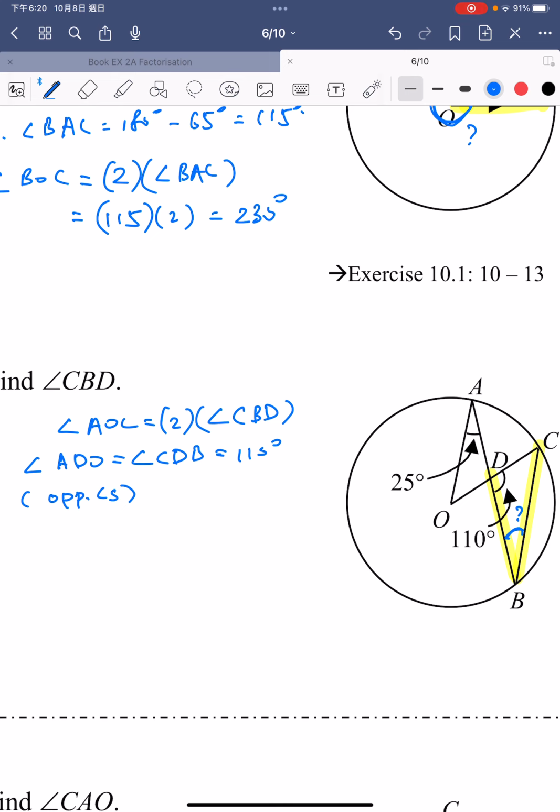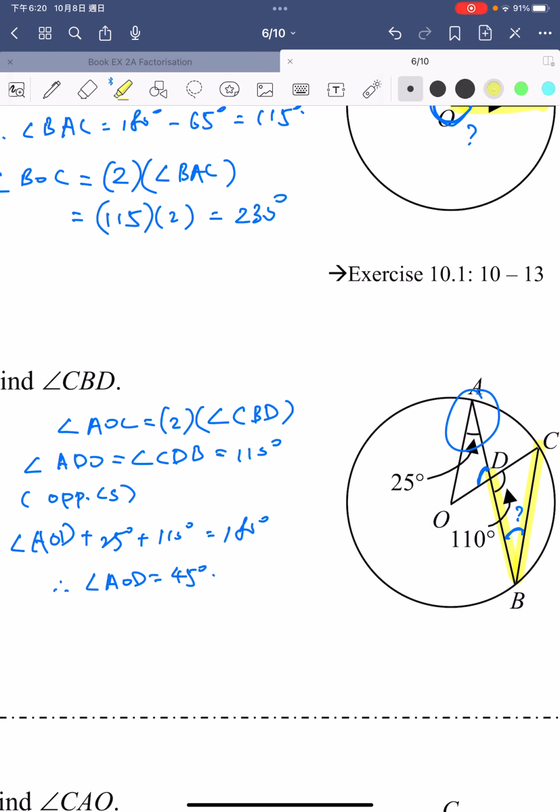So now we have this angle, which is 110 degrees, and we have this DAO, which is 25 degrees. So we have the angle AOD plus 25 degrees plus 110 degrees, which will give you 180 degrees. So we have the angle AOD is equal to 45 degrees.